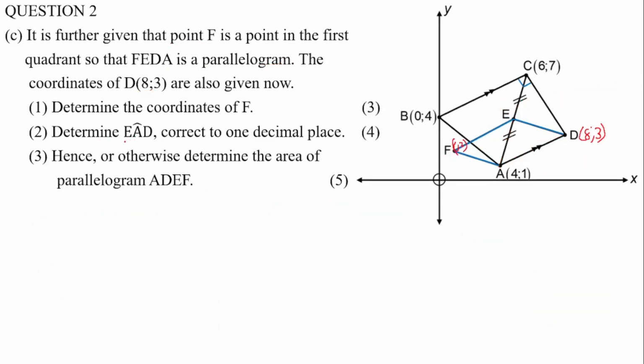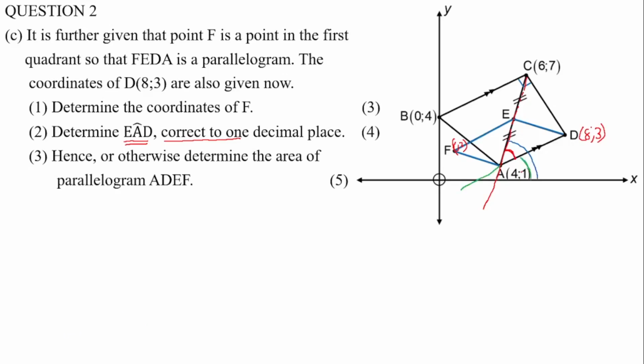Determine angle EAD correct to 1 decimal place. We have angle EAD, which is this angle here. How can you find this angle? We can find the angle of inclination of AC, and then the angle of inclination of AD.